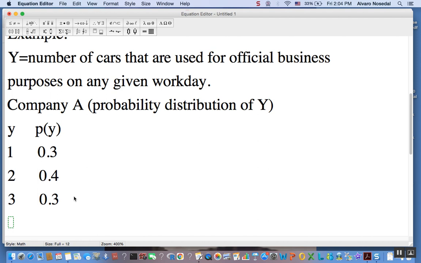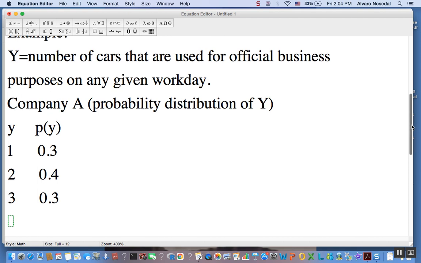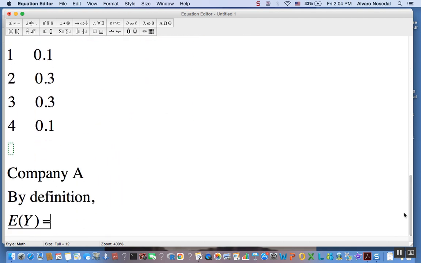Make sense? Okay, and you do that for all the possible values of the random variable. So in this case, what we have is 1 times 0.3 plus 2 times 0.4 plus 3 times 0.3.